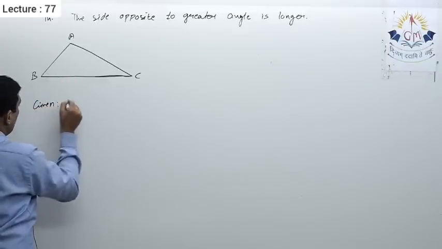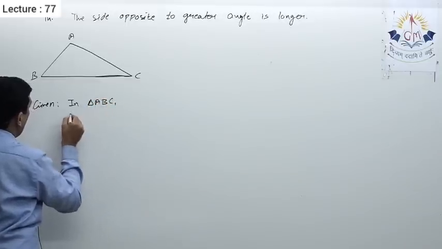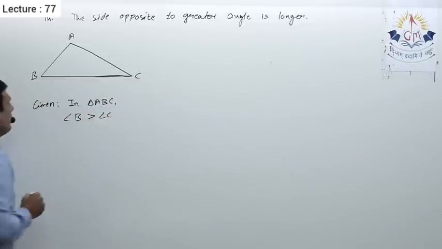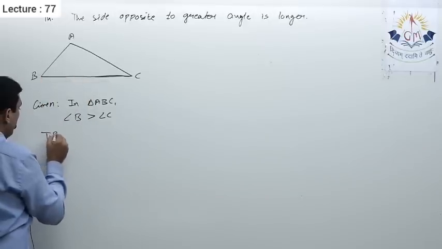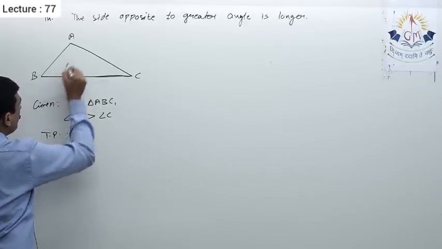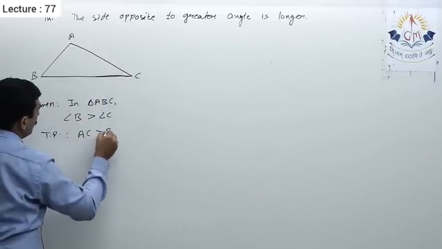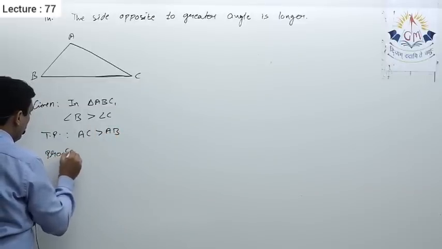Given: in triangle ABC, angle B is greater than angle C, or if I write, angle ABC is greater than angle ACB. So what we have to prove, since the side opposite to the greater angle is longer, is that AC is greater than AB. So let us see its proof.